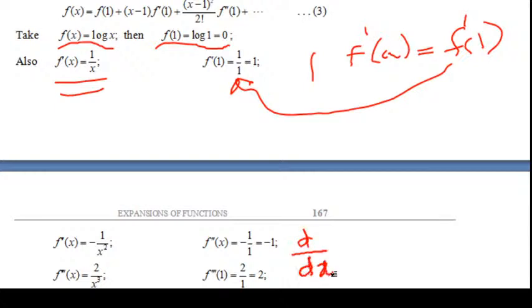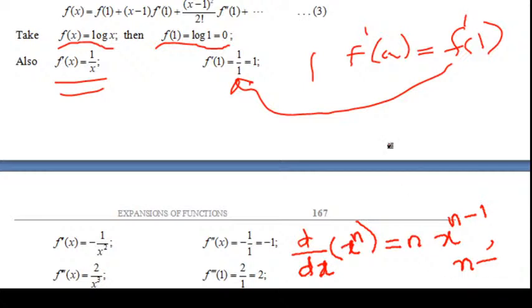D by dx of x raised to n is equal to n times x raised to n minus 1, and this formula is valid only when, tell me, there is a requirement.